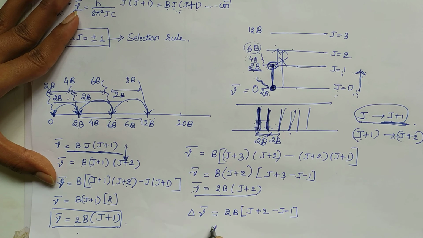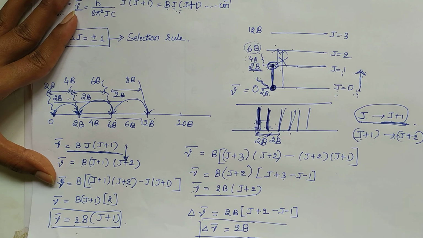This is delta nu bar, the difference in the wave number of two consecutive rotational lines. The J terms become 0, plus 2 minus 1 becomes 1, so we get 2B. 2B is the separation of the lines between all consecutive transitions.